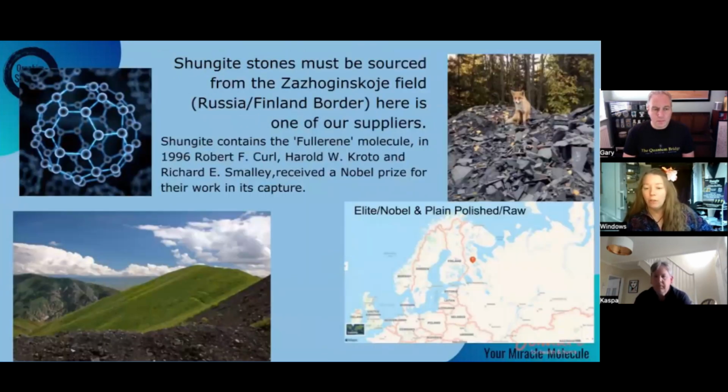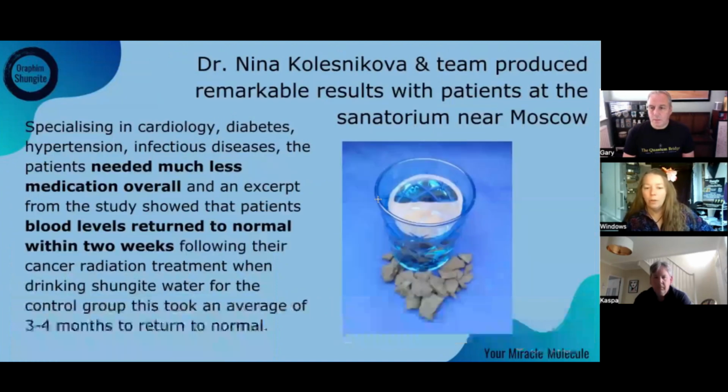This shows where shungite comes from, which is that little red dot there. It is on the surface and 9 layers down into the earth. It's a phenomenal mineraloid, not a crystal, so it has huge amounts of healing properties as well.